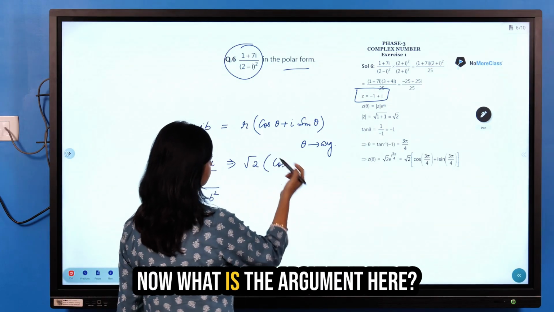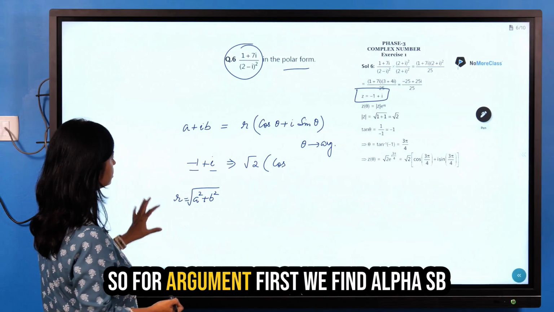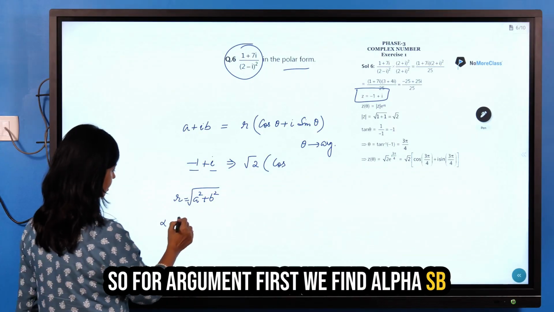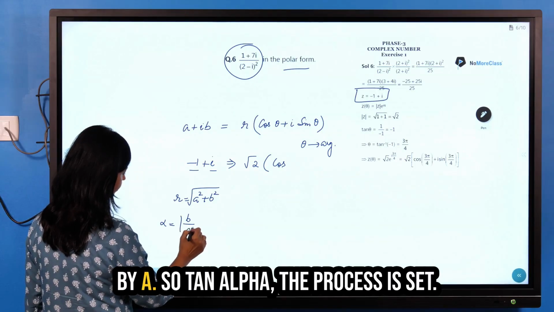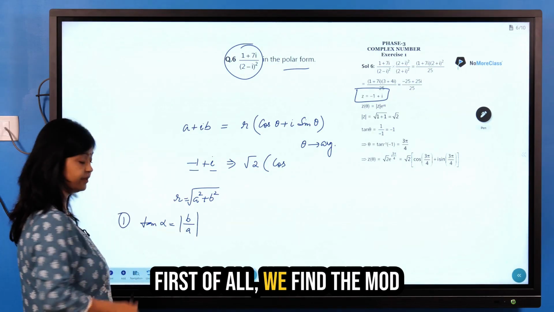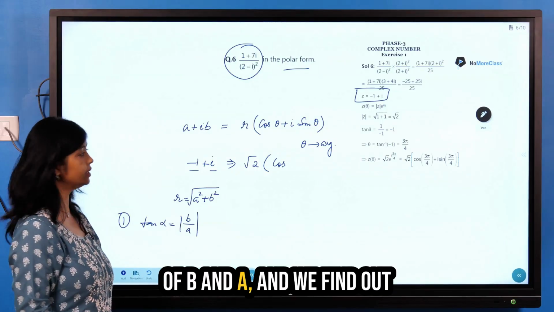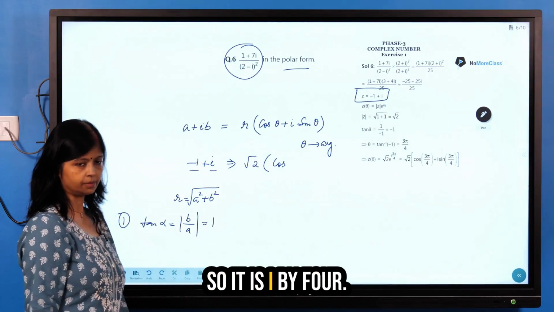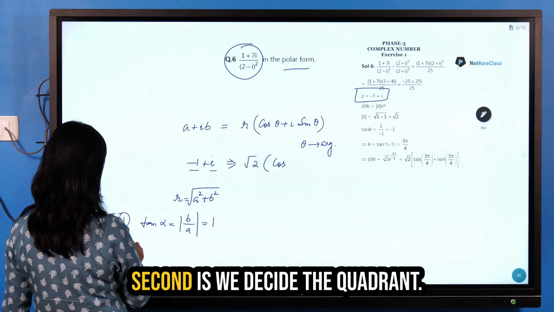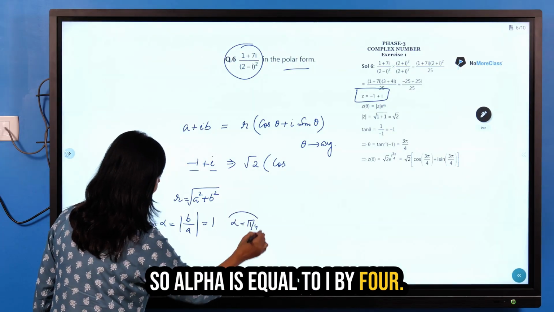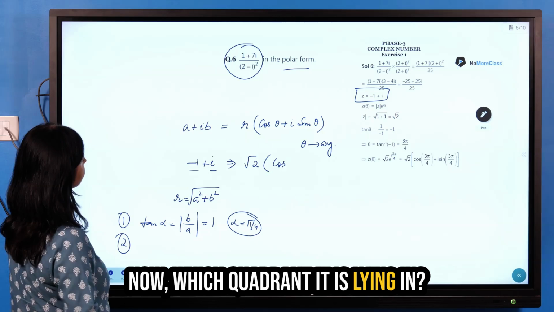Now, what is the argument here? For the argument, first we find alpha, where tan alpha is mod of b by a. We find that this is nothing but 1, so alpha is pi by 4. Second, we decide the quadrant. Which quadrant is it lying in?